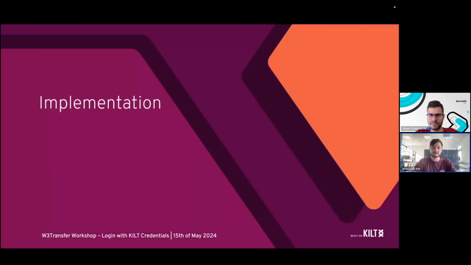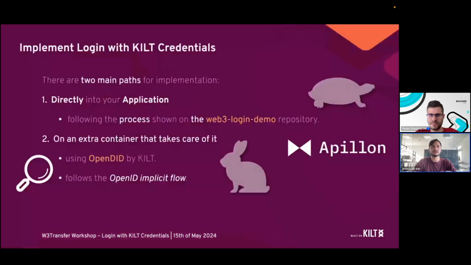Okay, so implementation. Concretely, there are two main paths for logging in with KILT credentials. You can do it directly in your application, developing the whole thing, following the process shown in the Web3 login demo repository.